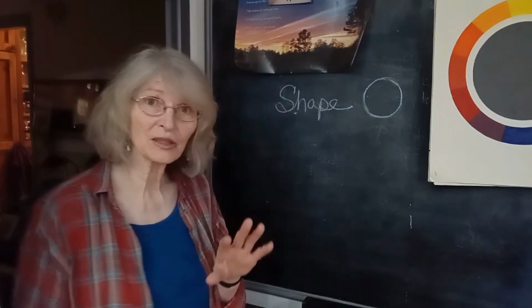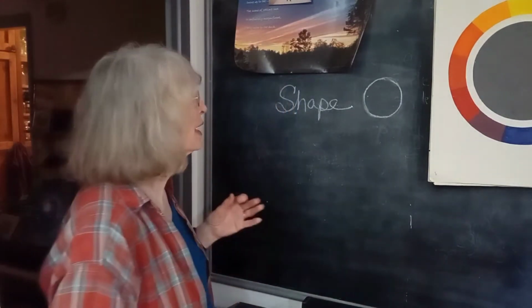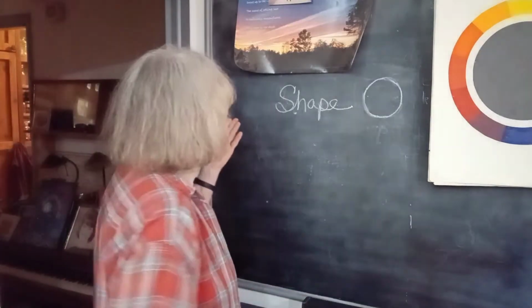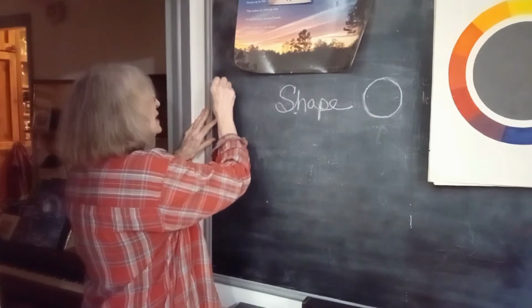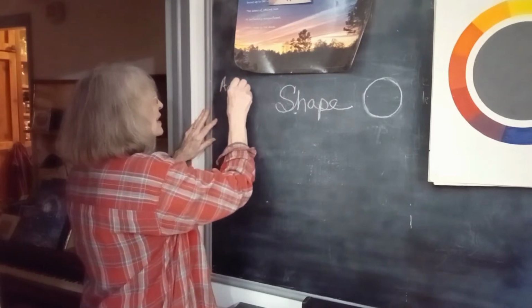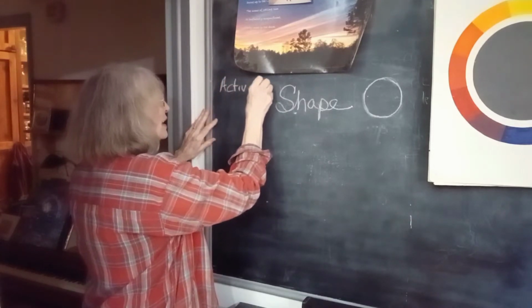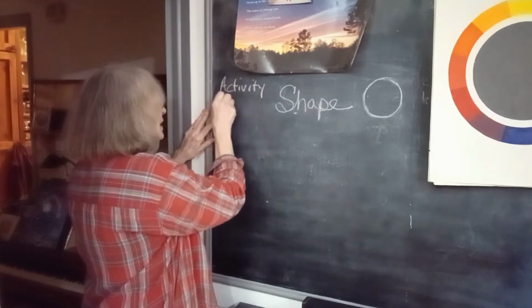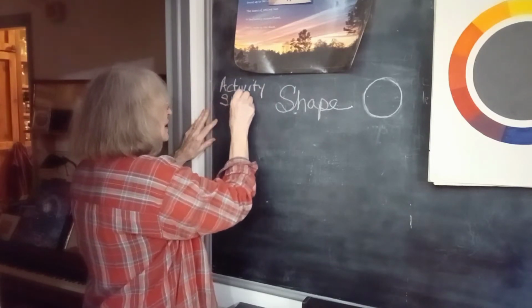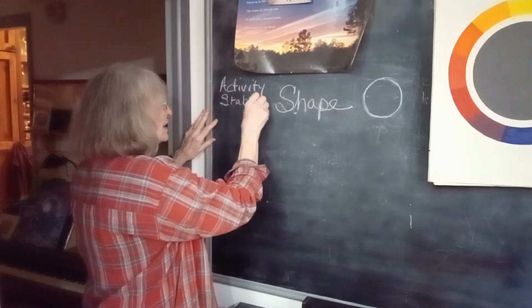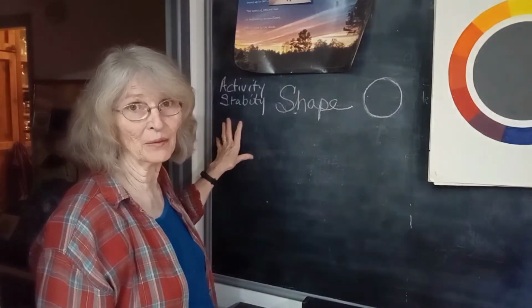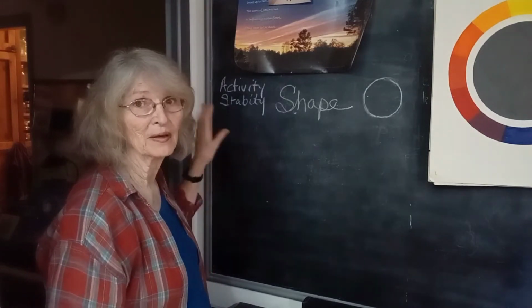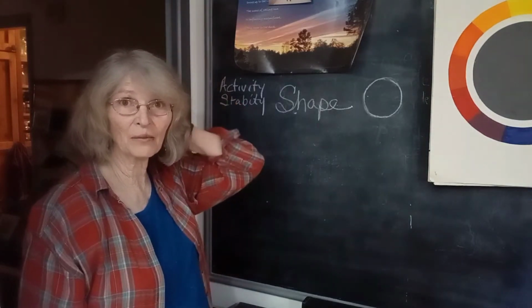It's also considered a very active shape. And we will be looking at all of these through activity and stability, because both of those have a lot to do with how we use a shape in an artwork.